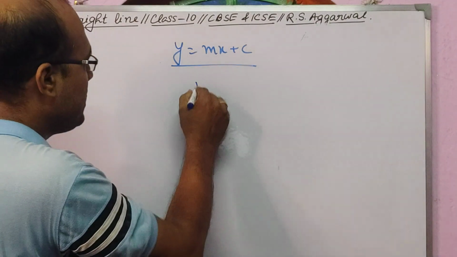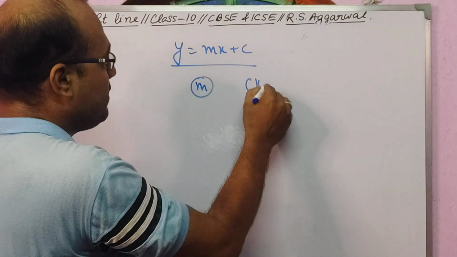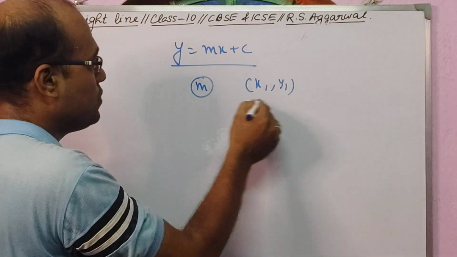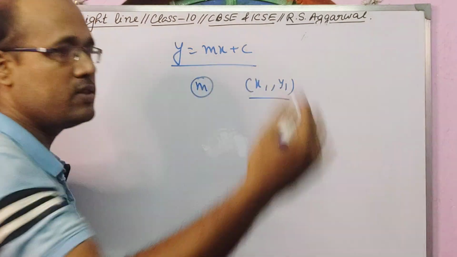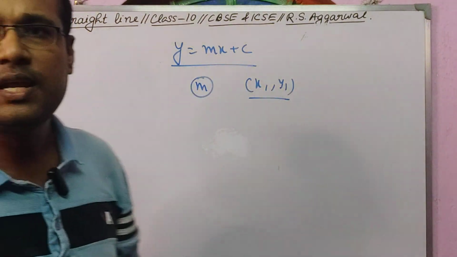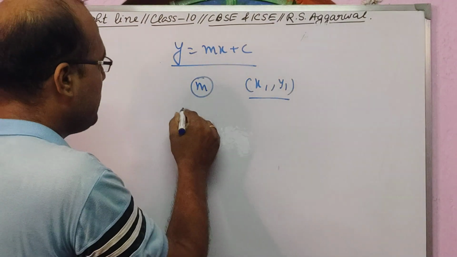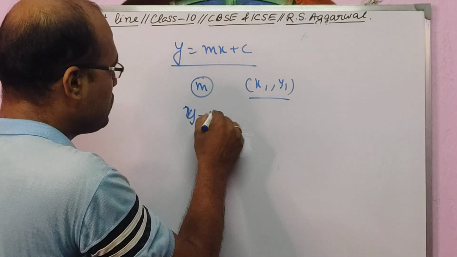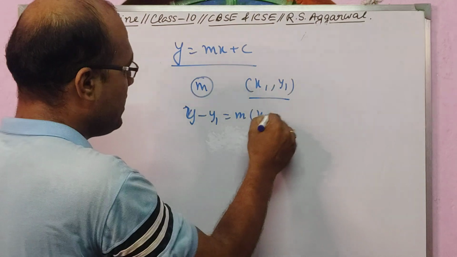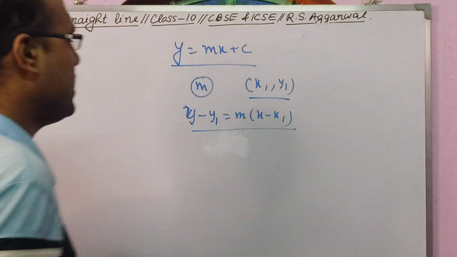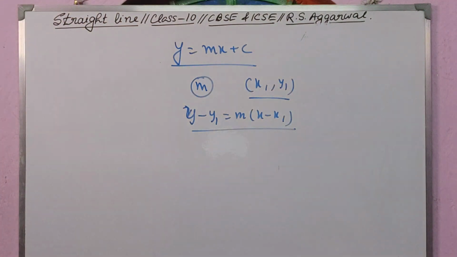If we know the slope is m, and any point x1, y1, then for any straight line passing through the point x1, y1 with gradient m, the equation of the straight line is y minus y1 is equal to m into x minus x1. This is called the point slope form.